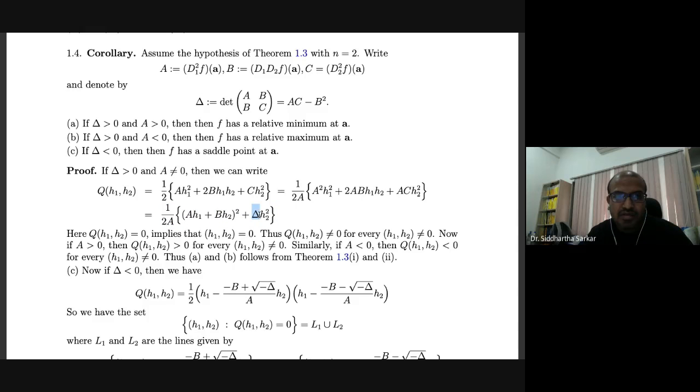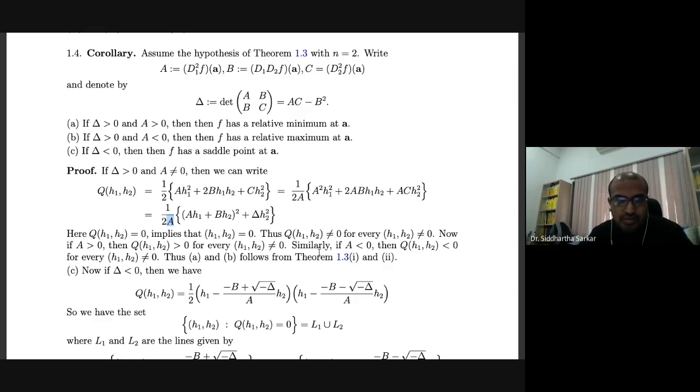So this term is always positive. Similarly, if I have A negative, then the term within the bracket is positive, so this is negative. So whether the value is positive or negative is simply determined by whether A is positive or negative. The quadratic form has the same sign as A for every non-zero point (h1, h2).